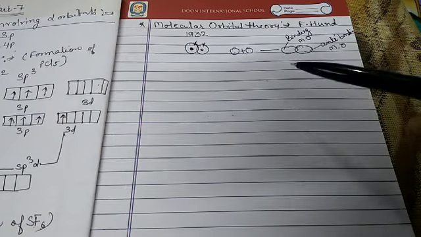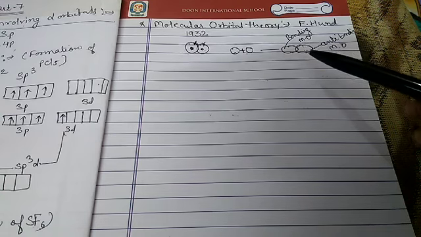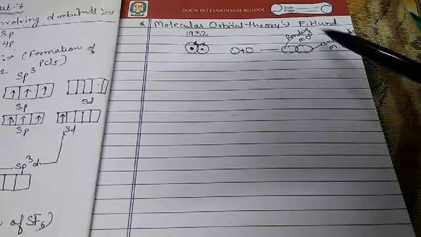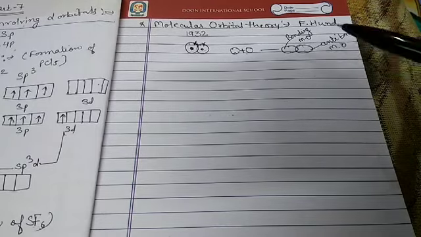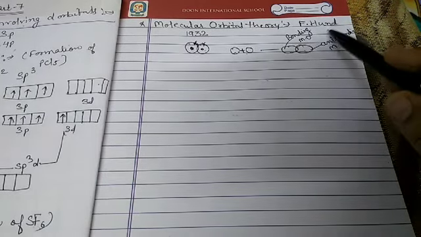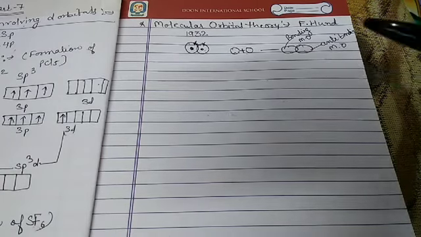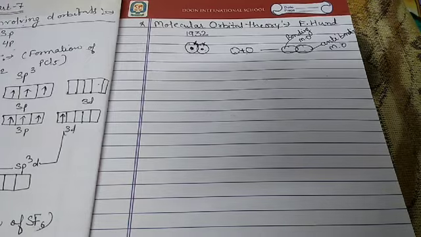And the last feature is that molecular orbitals, like atomic orbitals, are filled in accordance with the aufbau principle, obeying Pauli's exclusion principle and Hund's rule of maximum multiplicity. We will discuss these rules later on.